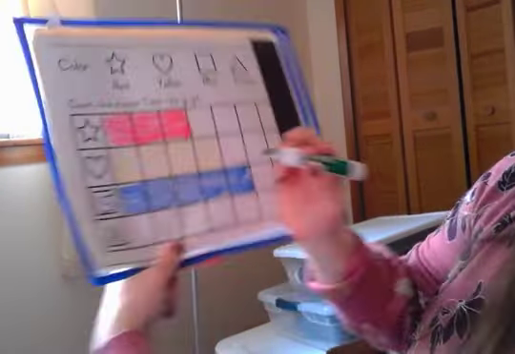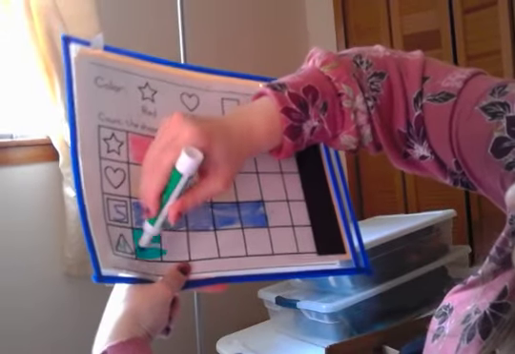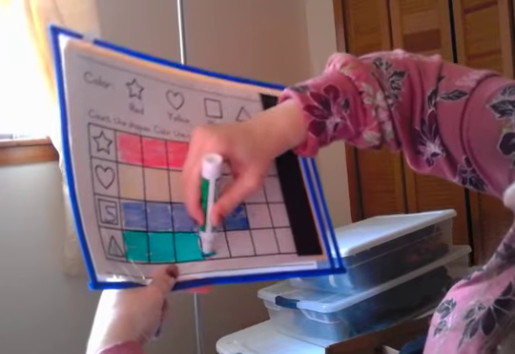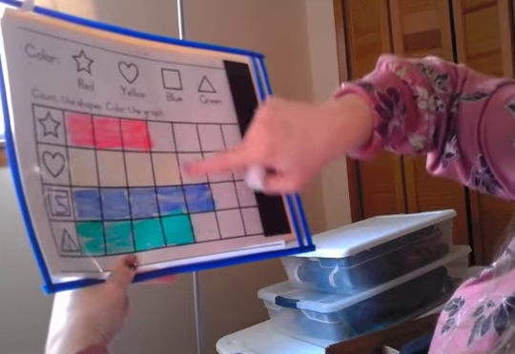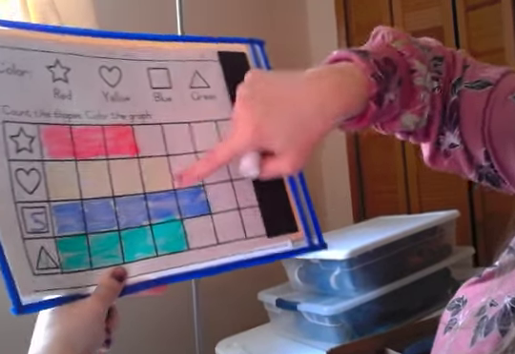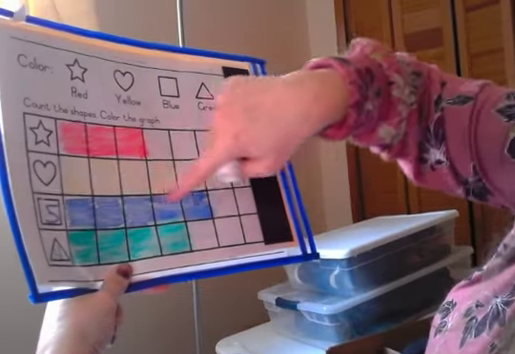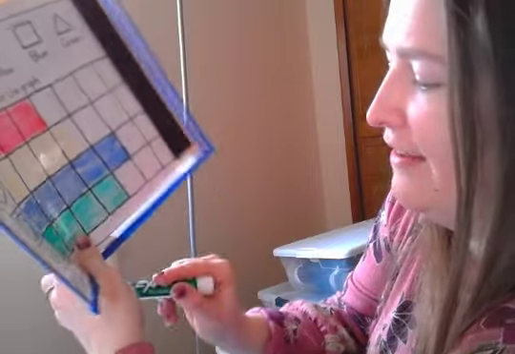So make my number 4 and then fill in 4 boxes. 1, 2, 3, 4. See, I can't trick you guys. It doesn't go all the way across, but it matches right there. They have equal amounts between the hearts and the triangles, but the squares have the most, and the stars have the least or the smallest number, the smallest amount.